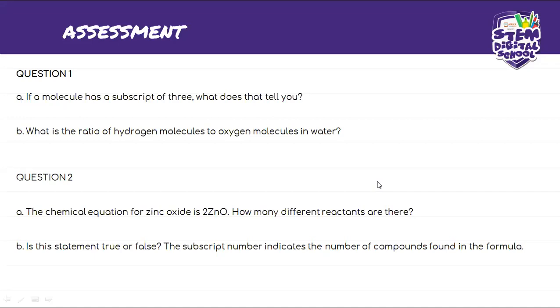What is the ratio of hydrogen molecule to oxygen molecule in water? Onka, write down the formula for water. Then you will look at the ratio between hydrogen and oxygen. Then you can make your conclusion. But what you have sent is not right.